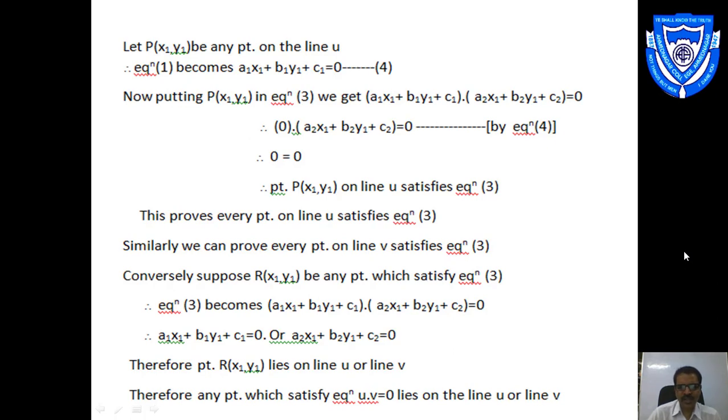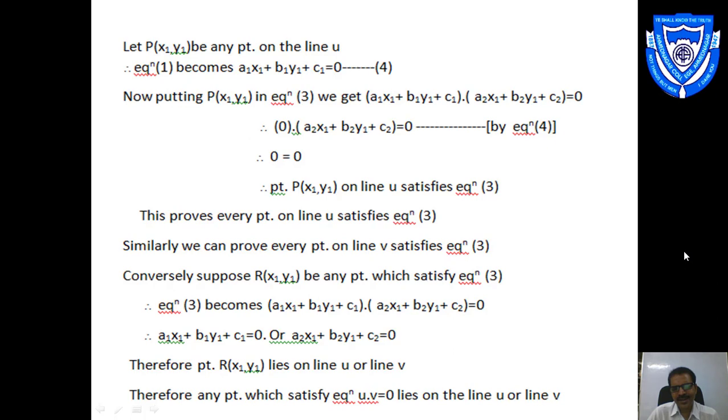Therefore equation 3 becomes a1 x1 plus b1 y1 plus c1 into a2 x1 plus b2 y1 plus c2 is equal to 0. Here a1x1 plus b1y1 plus c1 is one factor, and a2x1 plus b2y1 plus c2 is another factor. The product of these two factors is 0.